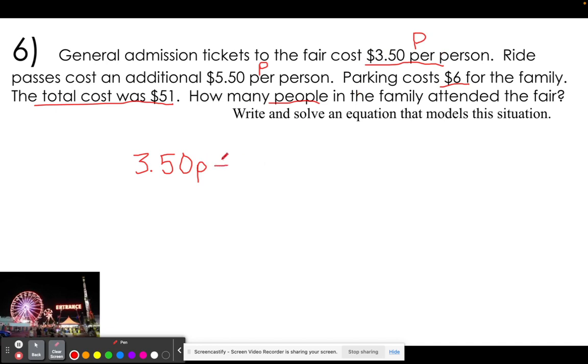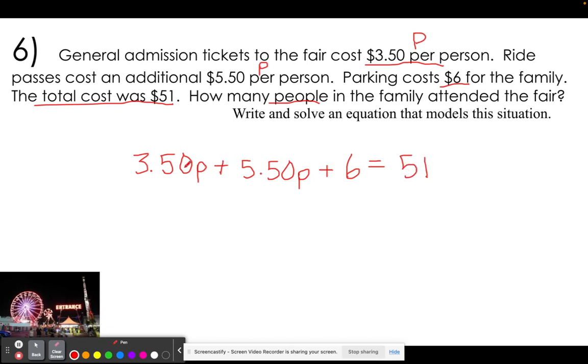Then we're also buying ride passes that are $5.50 for every person also. And we have to park our car for $6. And we spent a total is a good clue that we have an equal sign of $51.